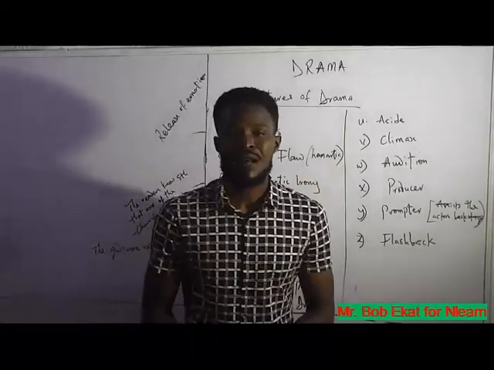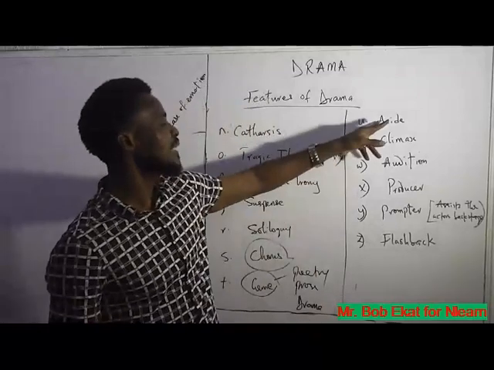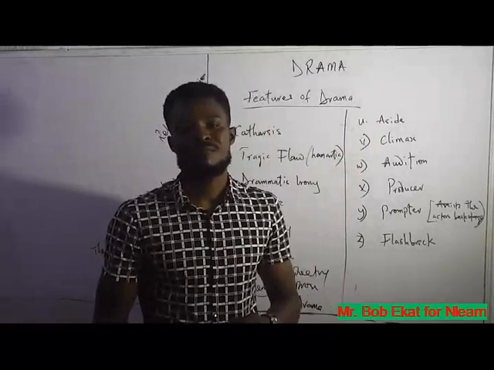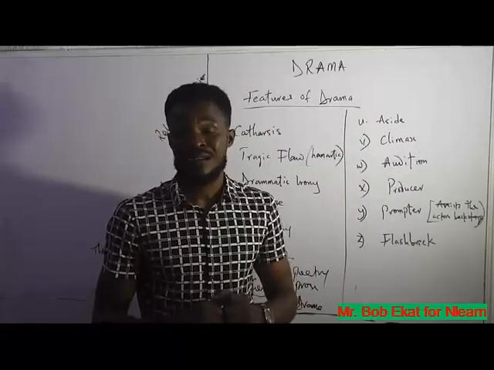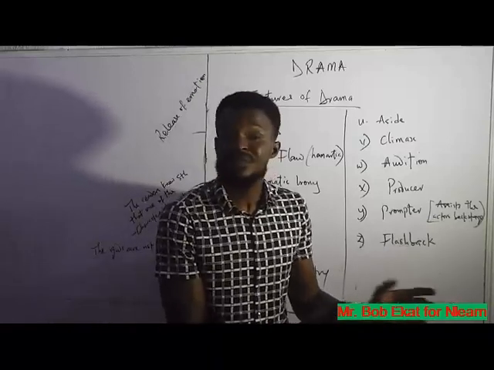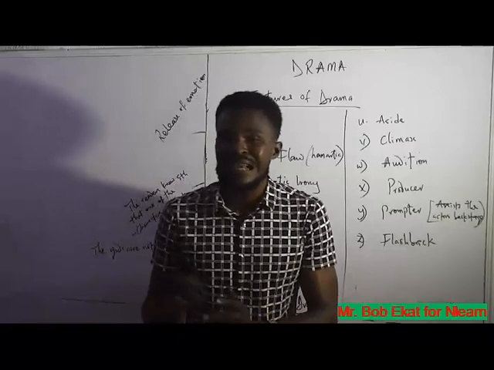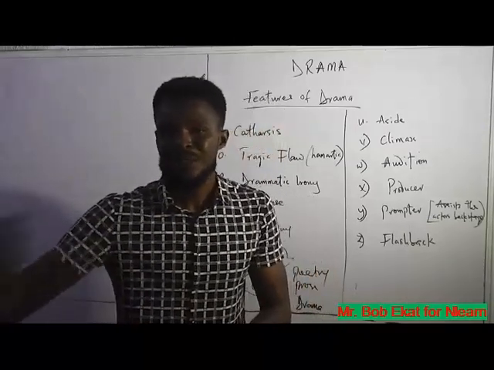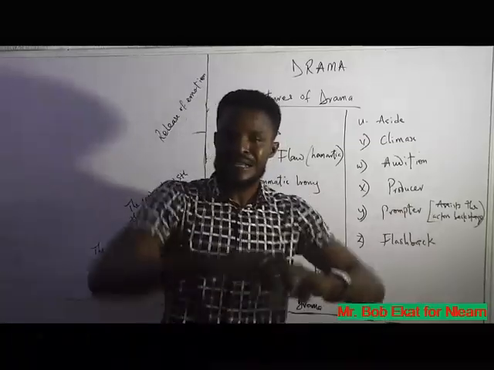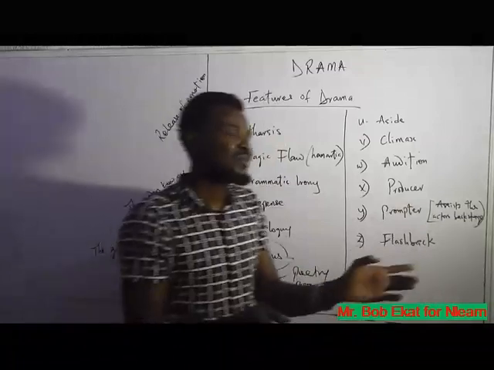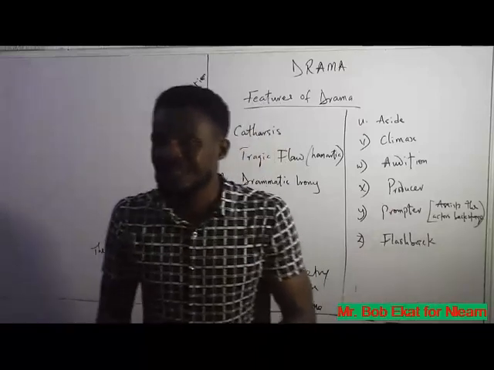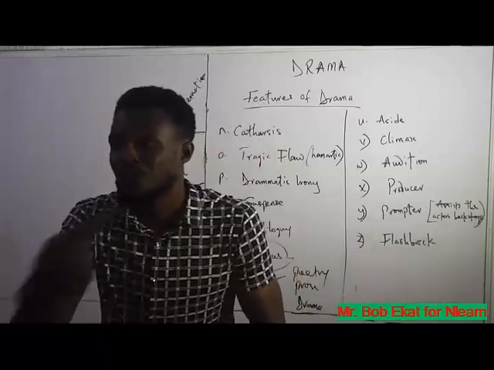Now we have aside. Aside in literature is when a character leaves the other characters on stage and faces the audience and says something to the audience which the other characters cannot hear. In an acting, one character breaks out from the other characters and faces the audience and says, I am going to deal with him.